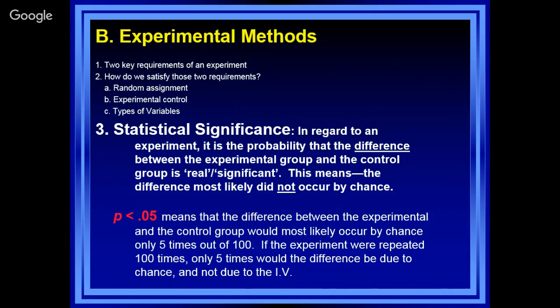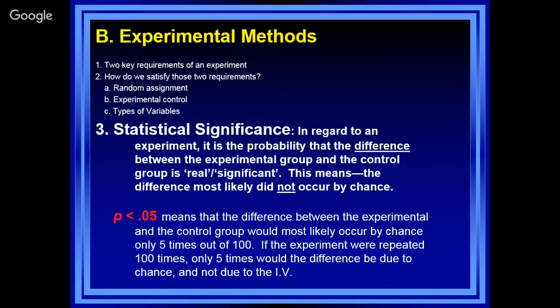In regard to an experiment, statistical significance means the probability that the difference between the experimental group and the control group, so the group that got the IV and the group that didn't get the IV, is real or significant. This means that the difference most likely did not occur by chance.